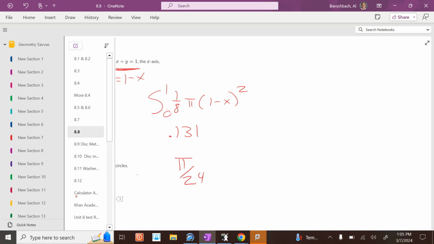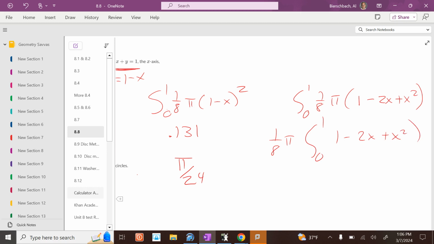Well, let's just integrate by hand really quick here. So 1 to 0 of 1/8 pi times 1 minus 2x plus x squared. And 1/8 pi can go out front. And we integrate from 0 to 1 of 1 minus 2x plus x squared.